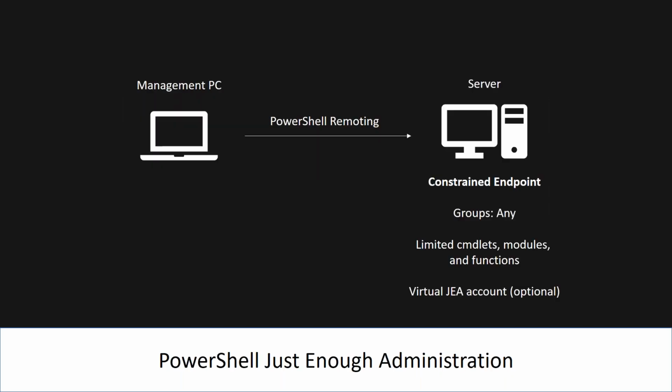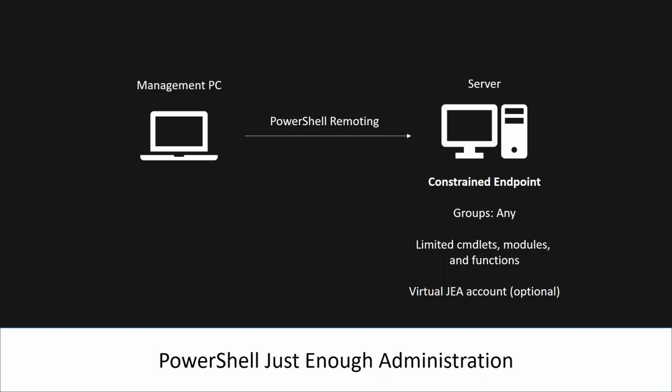So what about connecting without administrator privileges? Well, the great thing with PowerShell Remoting is that it also has a technology called Just Enough Administration built into it. Just Enough Administration allows you to basically define your own endpoints, so you can determine what rights the user needs in order to connect to the server.